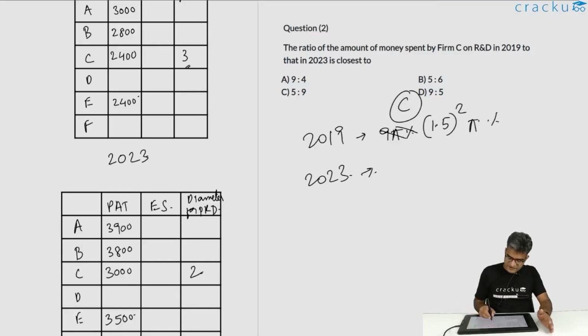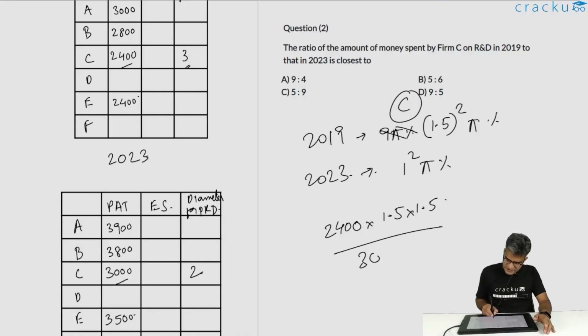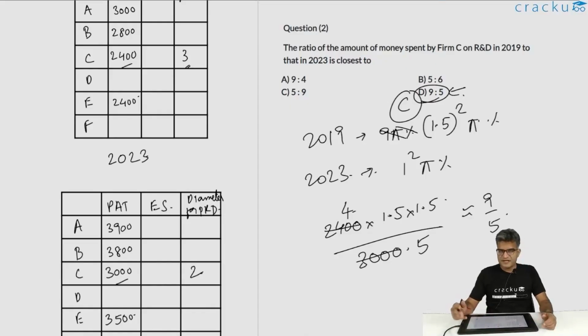For 2023, it will be 1 square, because the diameter is 2 units, 1 square into pi percentage. So the ratio of the actual amount spent, this is the percentage of PAT spent, but remember that the PAT is different in both the years. So the ratio will be 2400 into 1.5 into 1.5 divided by 3000. Approximately this should be the answer. So this is 4 divided by 5. This is approximately 9:5. So approximately option D. Let us look at the next question.